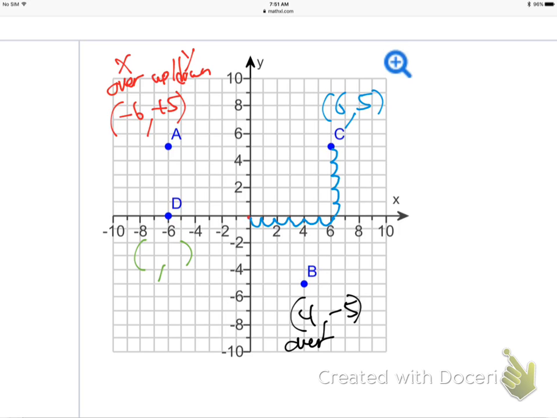Give you a second on D. Get the coordinates of D. So it's back 1, 2, 3, 4, 5, 6. Back 6, up 0. Back 6, up not at all. Back 6, up 0. There it is. Good.